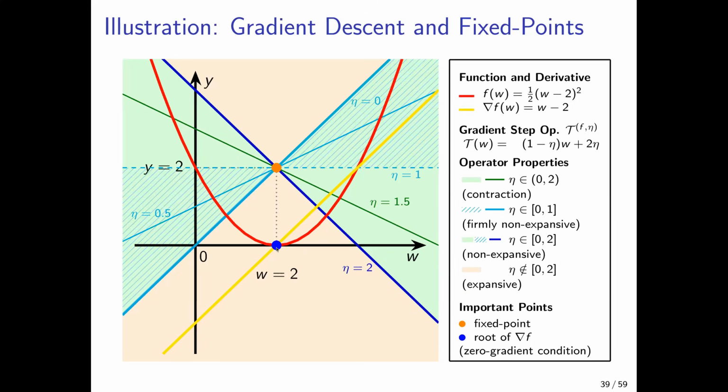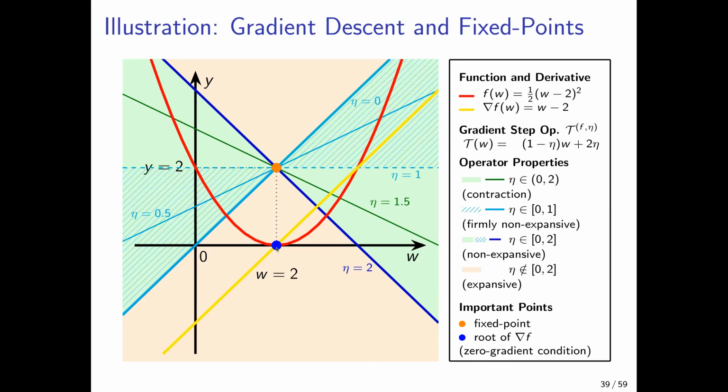But this is rather simple again, just a quadratic function in one dimension. Hopefully this is a nice illustration, a nice overview of this entire approach, this machinery, looking at the gradient step operator using fixed points.